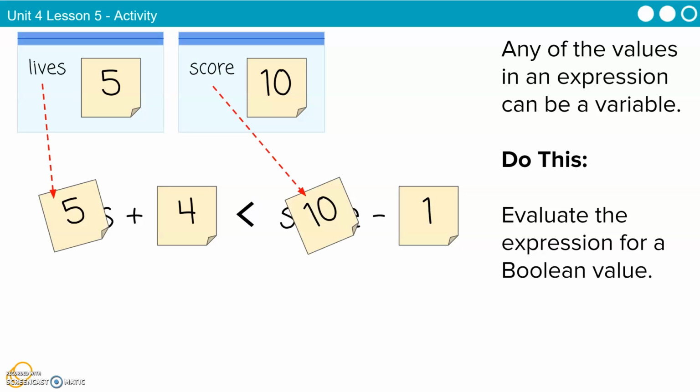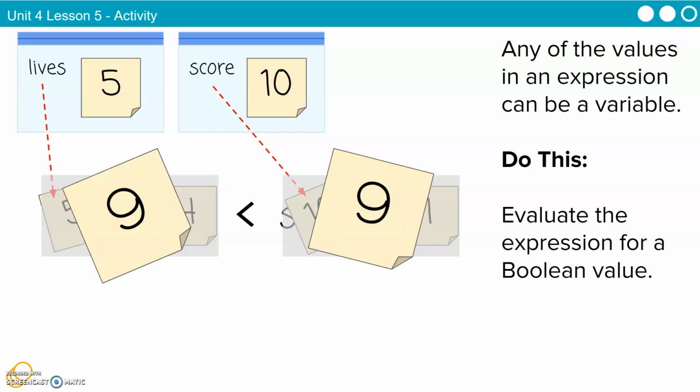So in this example, we replace lives with 5, because 5 is what's stored in there. We get 5 plus 4. And we replace score with 10, and we get 10 minus 1. Is 9 less than 9? We should say false on that. And so we can use that idea if we're doing some game coding and we want to decide if we're still going to continue the game or if we're going to end our game.